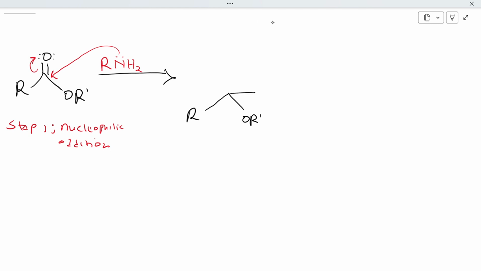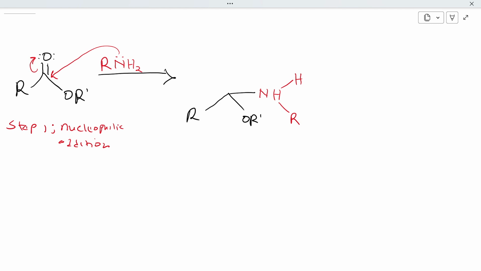Then on the other end, we have the nucleophile attaching itself, so I'm going to have NH that is bonded to an H on one end and bonded to R on the other end.